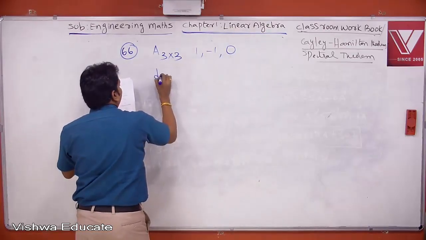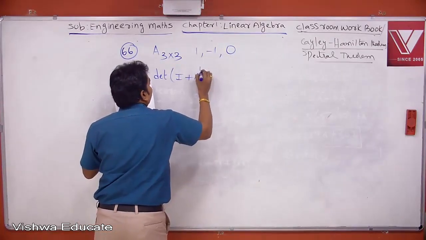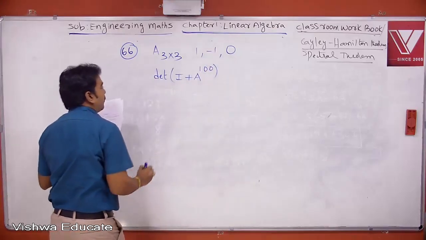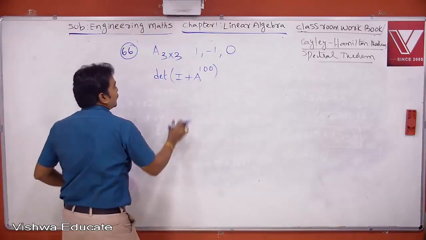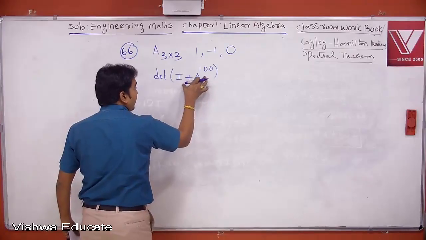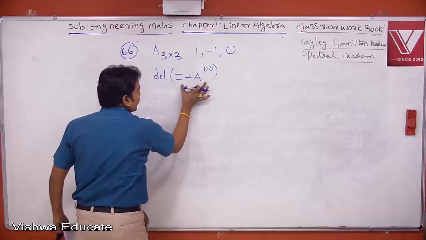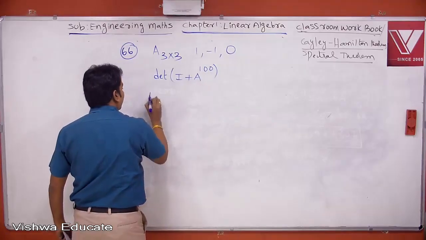Then they are asking for det of (I plus A) power 100. When you simplify this, you get a 3 by 3 matrix, so it certainly has 3 eigenvalues. But the eigenvalues of A are these. So let us find the eigenvalues of this expression.